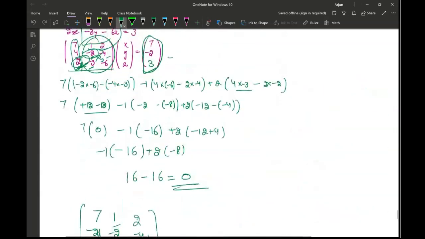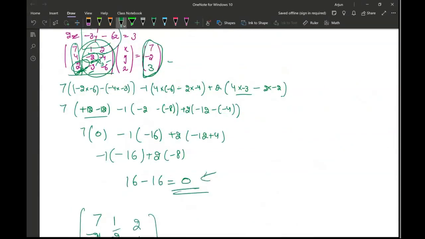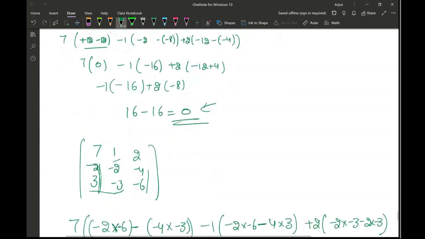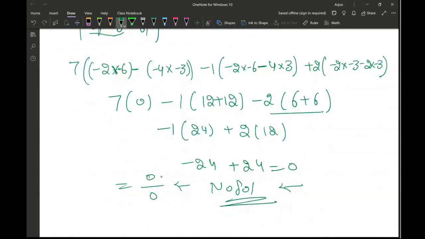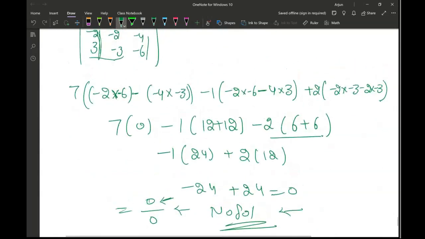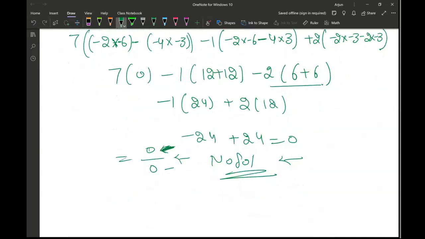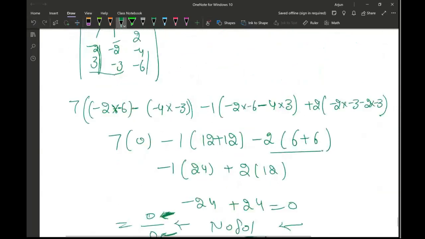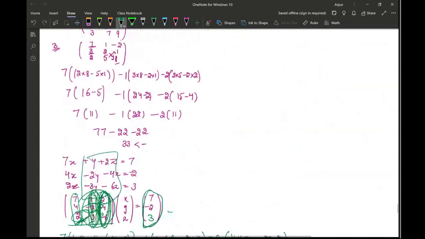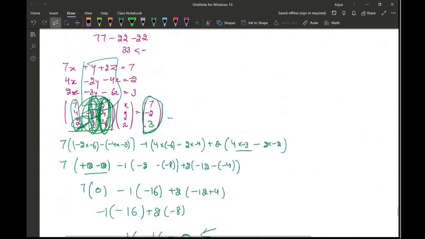But if there was some value for this determinant, then you would have solved for the second column also, and after that for the third column, by dividing the numerator and denominator. The denominator will be the determinant of the initial matrix which we got.